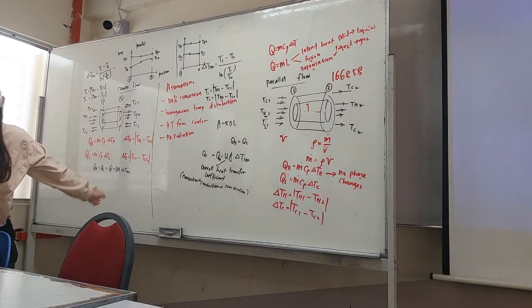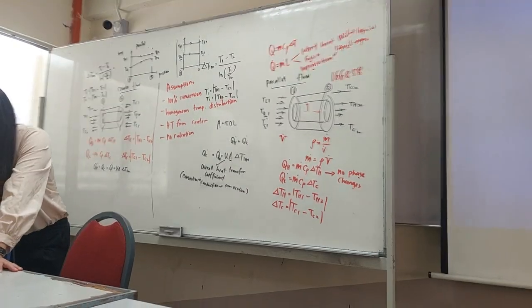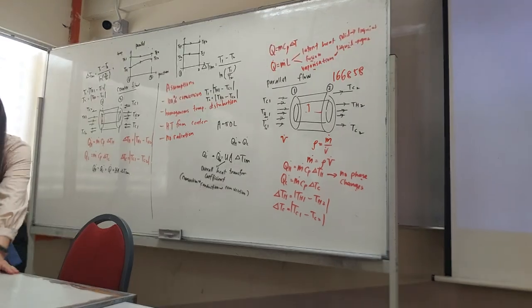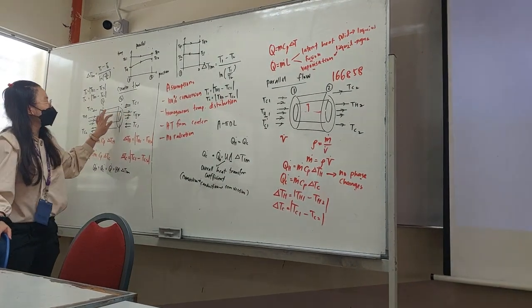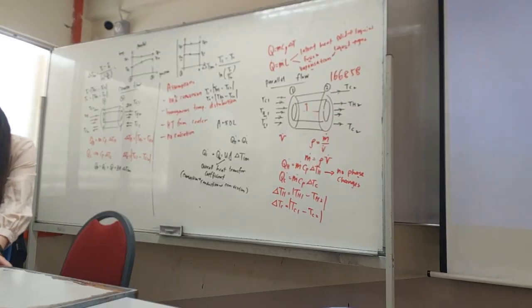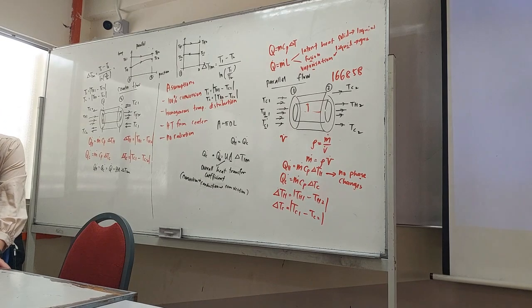This one is very simple. For sure, I think you can score. But you need to be careful, because sometimes they may trick you. They can have phase changes.